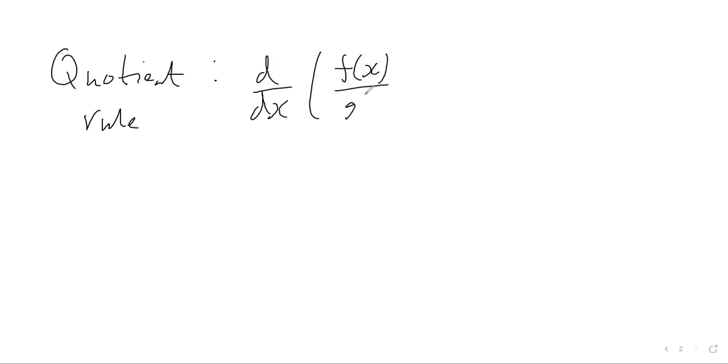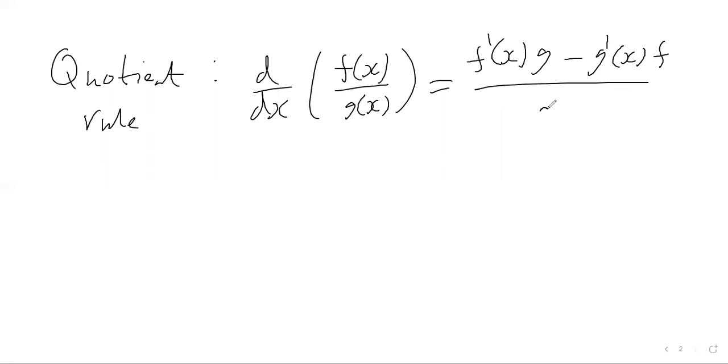So using our quotient rule, which tells us that when we've got the quotient of two functions that we want to differentiate, so let's just say f of x over g of x, where g is non-zero, we're going to get the result that this is equal to f dash multiplied by the function g, and then take away the derivative of g multiplied by f, all over g squared, the bottom function squared.